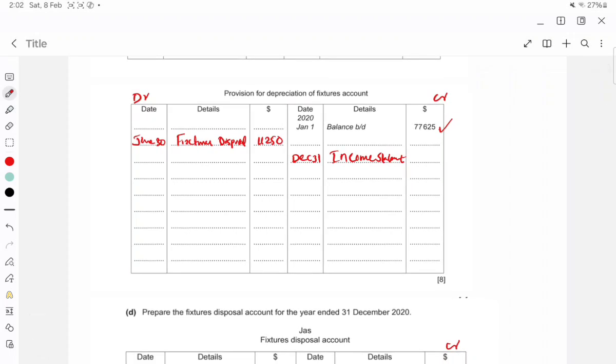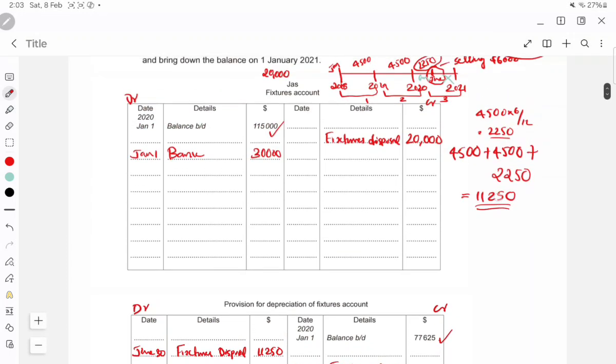I'm taking that here: 21,375, and 2250, which is the last year depreciation charge for the disposed asset, then 6,750 also. These three items should be transferred. So in total you will get 30,375, isn't it? Right. So now we have completed all the adjustments and the entries.